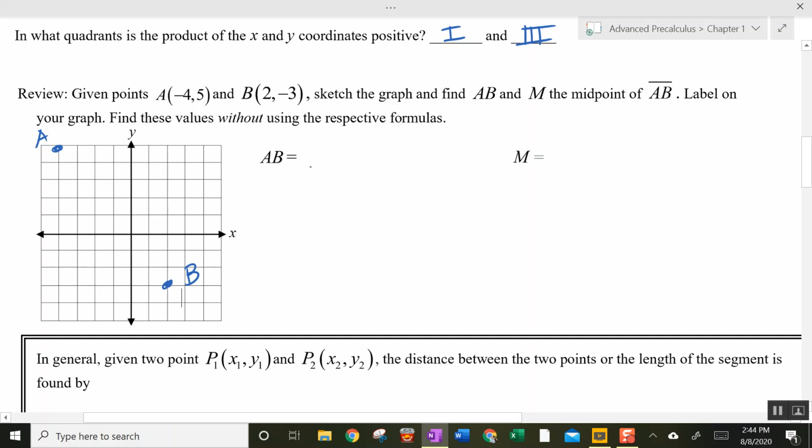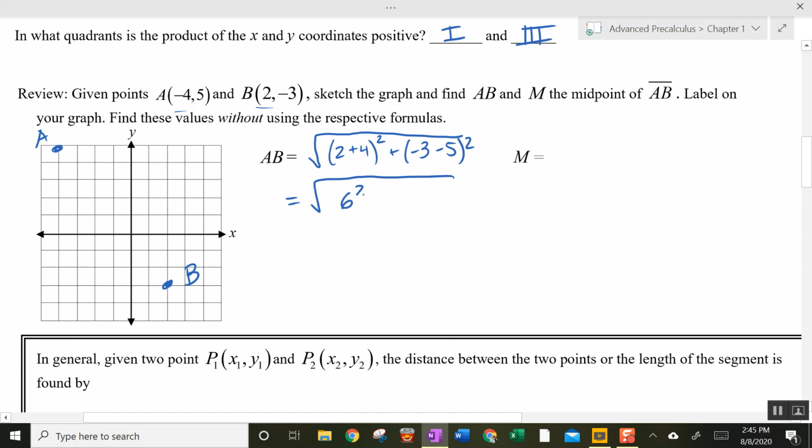So first let's use the formulas. We're going to say the distance formula, the difference between the two x coordinates. If we take a look at 2 minus negative 4, really 2 plus 4 quantity squared. And the difference of the two y coordinates, I'm going to say negative 3 minus 5 quantity squared.